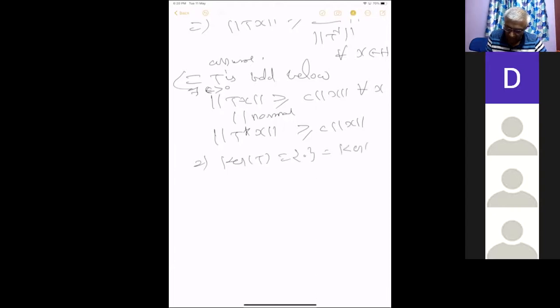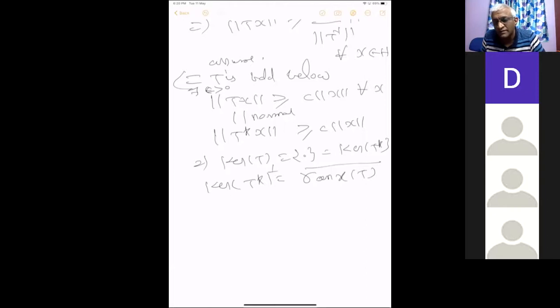So it's also true that kernel of T star is 0. But then kernel of T star equals range T closure perp.